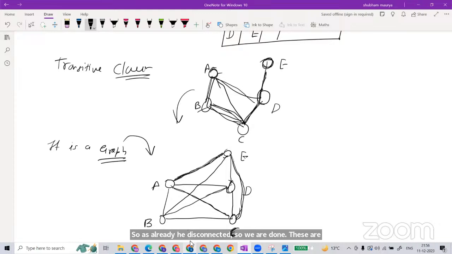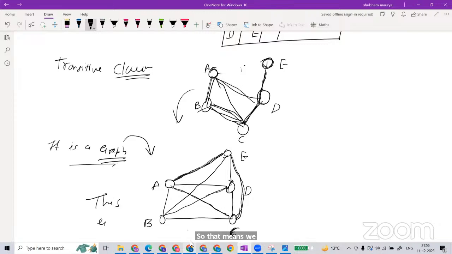You can see that A and C there is a path, and B and E we have already matched. So that means we got this graph. What is the property of this graph? What is happening here? We are completing the graph.